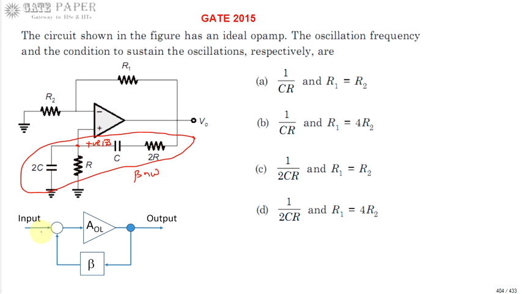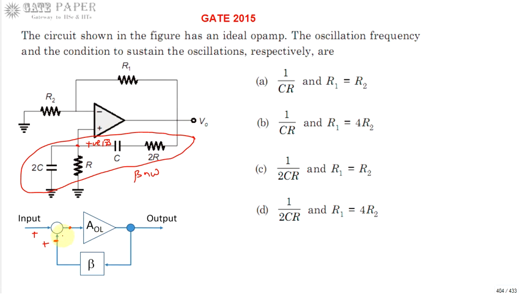For positive feedback, the output of the beta network is added to the actual input signal such that the effective input signal for the amplifier increases. This is positive feedback. Loop gain: if you break the loop over these two points, the signal present here, say it is Xi, travels through AOL and beta.